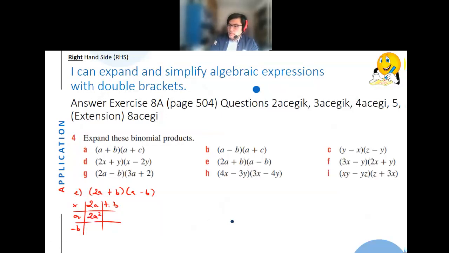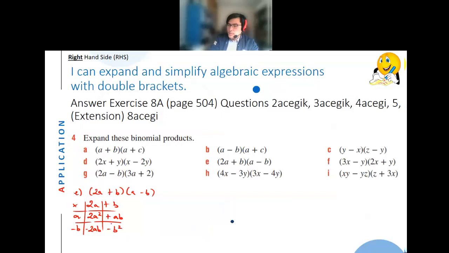A times plus b, both are positive, so that's going to be positive ab. Negative b times 2a, a negative and a positive is a negative, so that's going to be negative 2ab, and then negative b times positive b, a negative and a positive is a negative, that's going to be negative b squared.